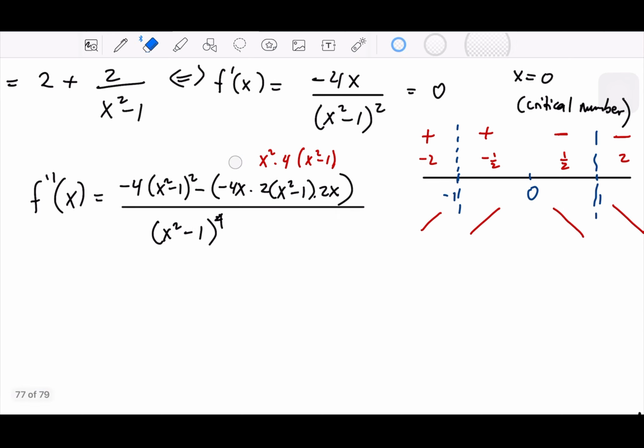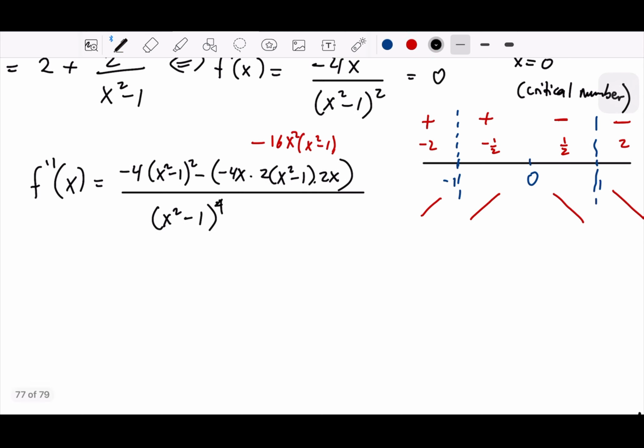Or maybe 16. Let me write directly 16. Okay. And then the next thing is I will factorize the x squared minus 1. So we are going to have negative 4 times (x squared minus 1) and minus 16 x squared.